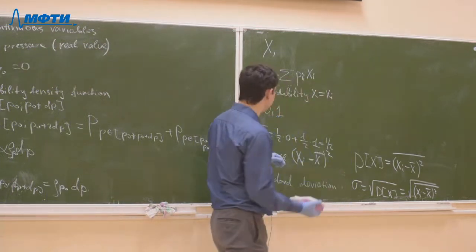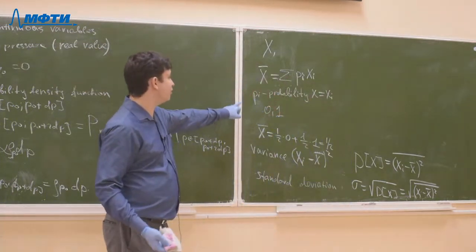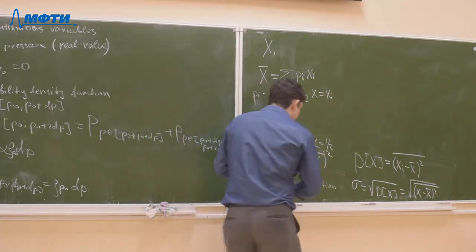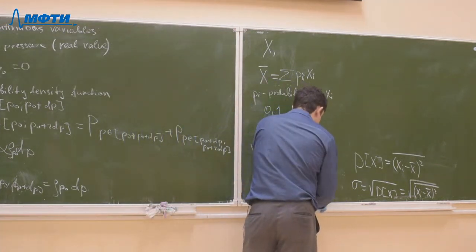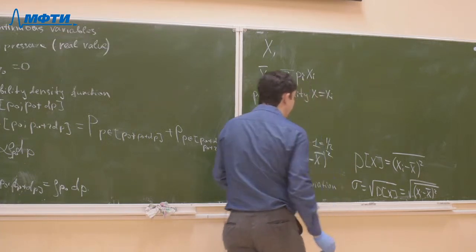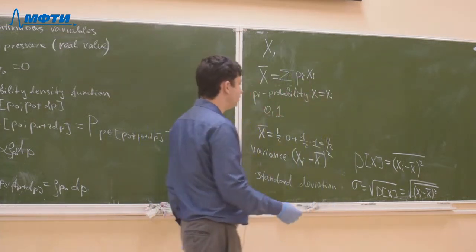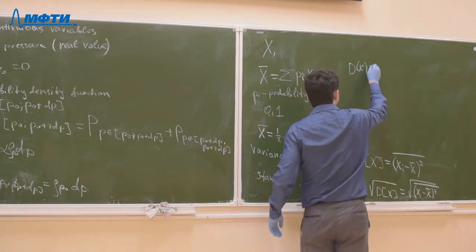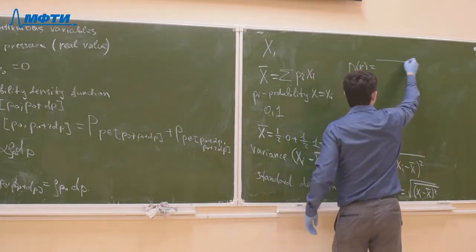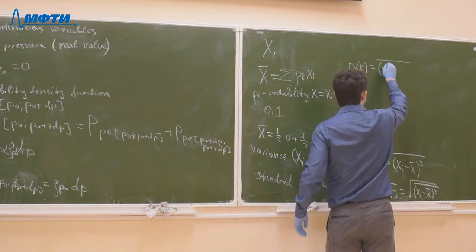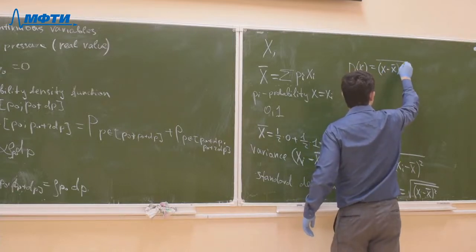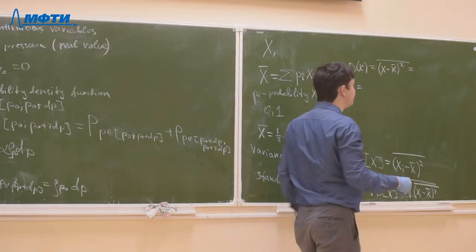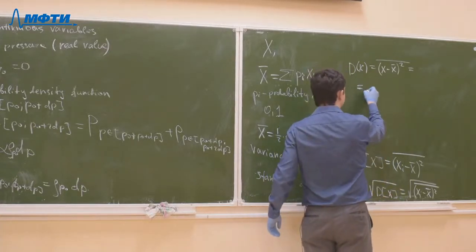So let's calculate the standard deviation for a coin. The variance for the coin is equal to the average of x minus x mean squared, and as any average, it can be calculated in the following manner.